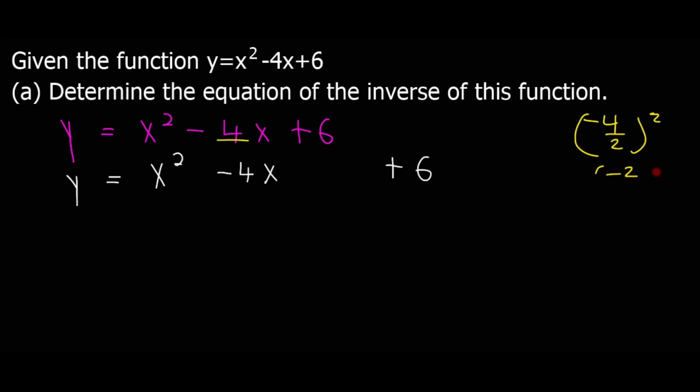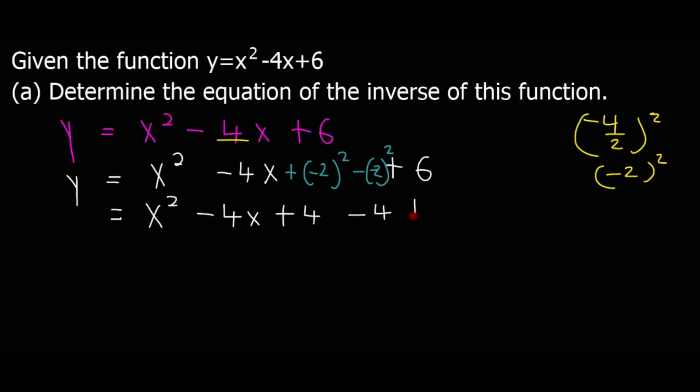This is the same as negative 2. And then we add it and subtract it. So here I have plus negative 2 all squared and then minus negative 2 all squared. From there we have x squared minus 4x plus 4 minus 4 plus 6.